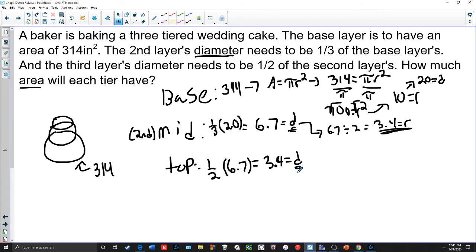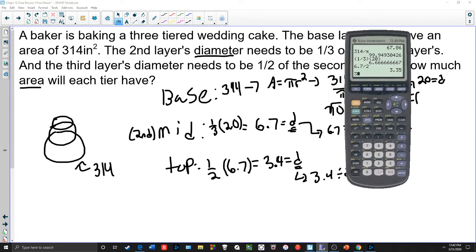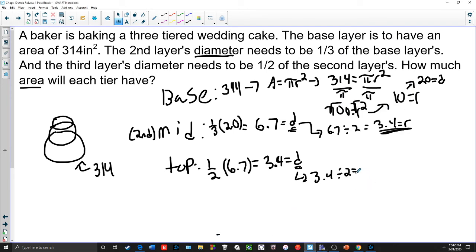For the top, same deal: 3.4 divided by 2 gives 1.7 as my radius. Now I can go back and use my area formula to solve for the areas of each. This would be pi times 3.4 squared, and this would be pi times 1.7 squared.